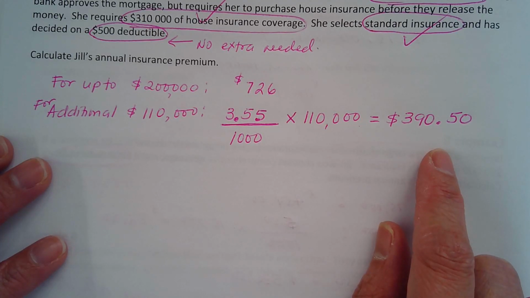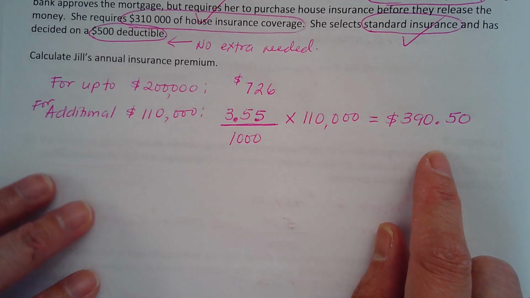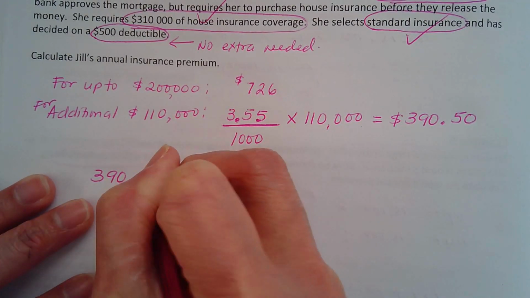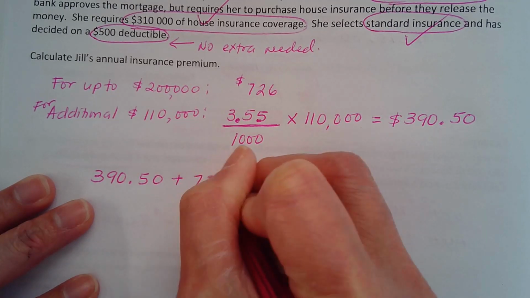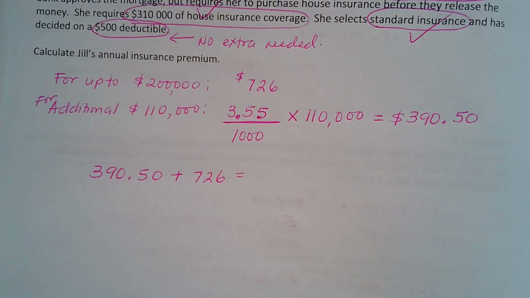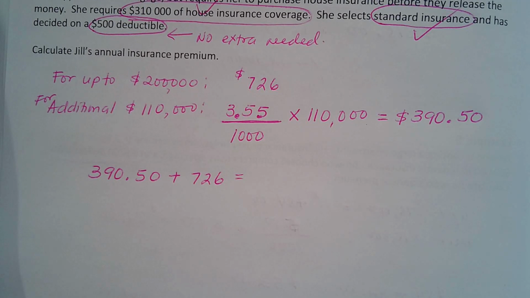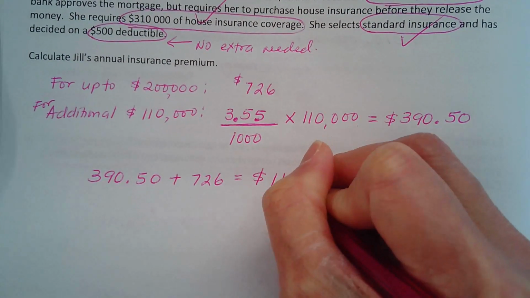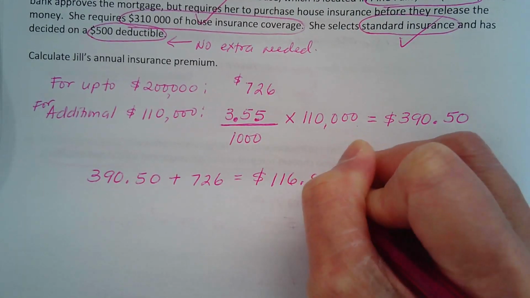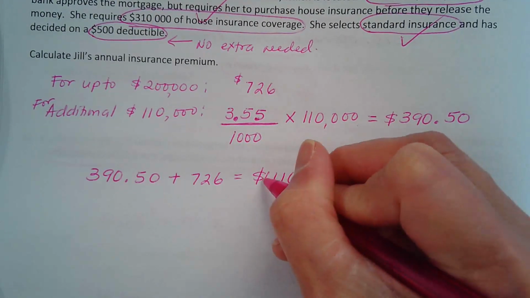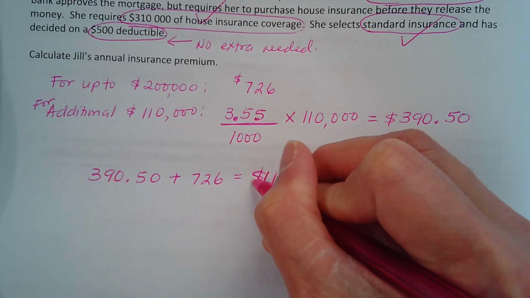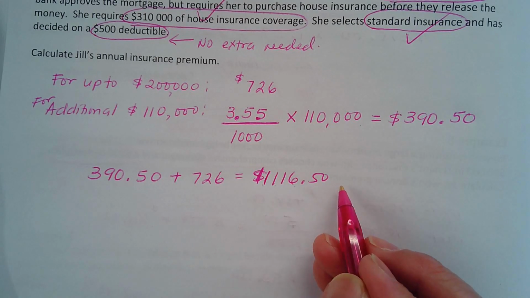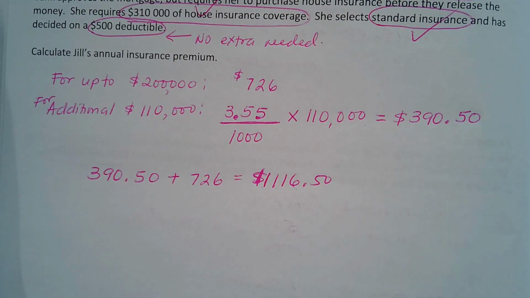We just have to put in the 7% tax. So $390.50 plus 726. It's gonna cost them $1,116.50. Yeah, there you go. $1,116.50. No extra 10% needed.